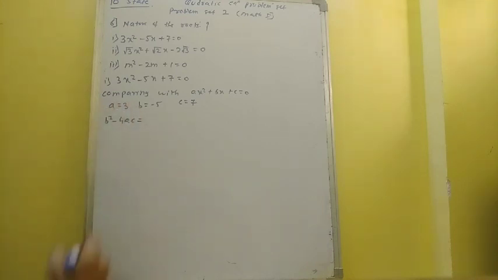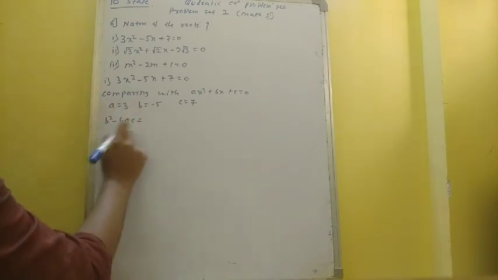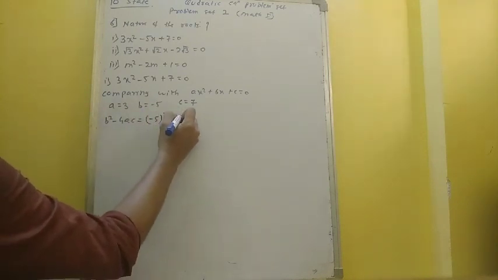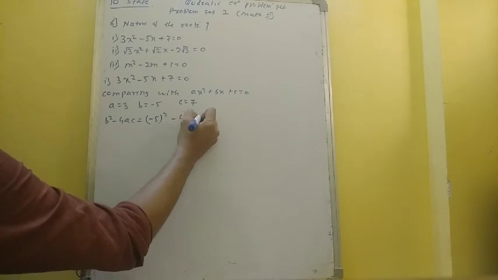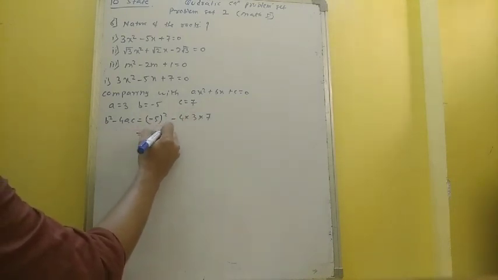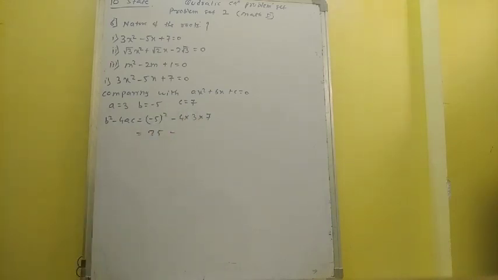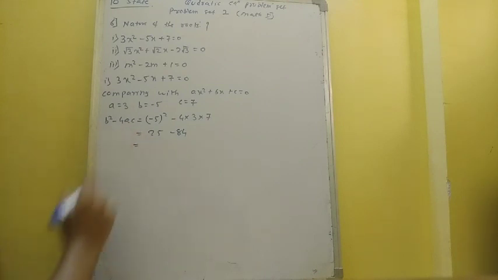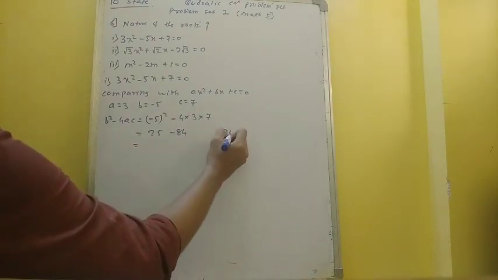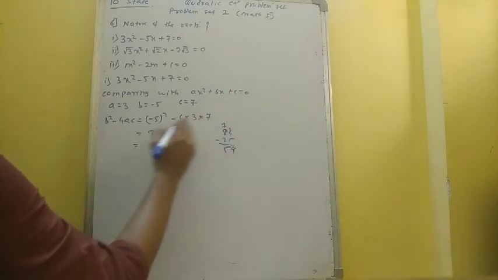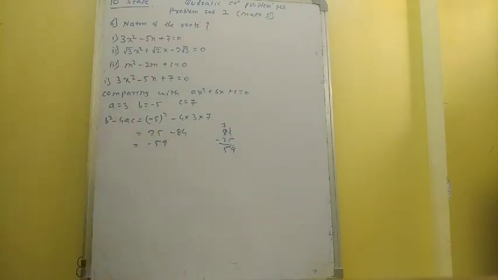Okay, so b square minus 4ac. To find the nature of the roots, we need to find b square minus 4ac. That is b square minus 4 into a into c. 5 square is 25. 7 threes are 21. 21 fours are 84. So we have 25 minus 84, that is minus 59. Okay, so it is negative.